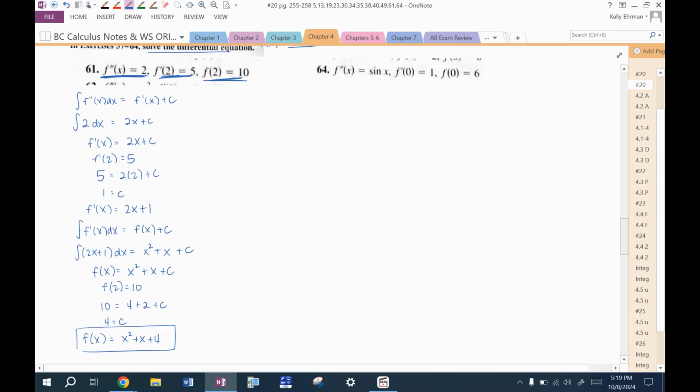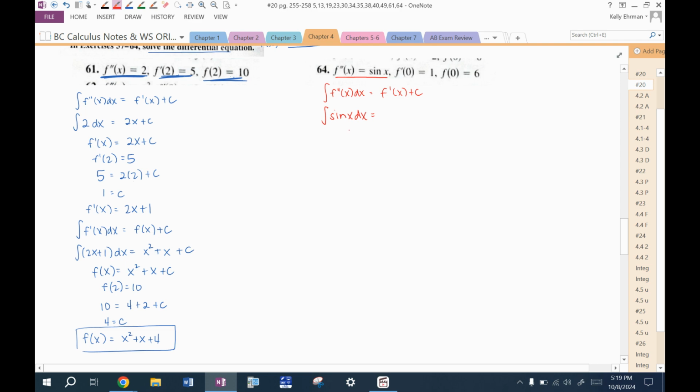All right, so same idea for number 64. So let's start off the same way. I'm given a function for the second derivative. So the integral of f double prime of x dx will equal f prime of x plus some constant. And so they're telling me that this is the integral of sine x dx.